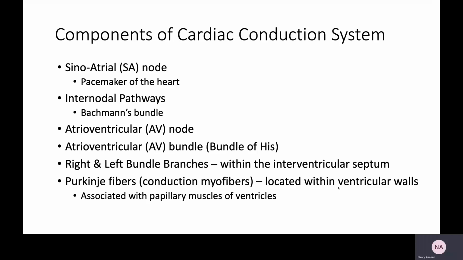You need to know the components of the cardiac conduction system in order. The pacemaker of the heart is the SA or sinoatrial node. There will be internodal pathways which will bring that signal along the atria, including Bachmann's bundle. That information will travel to the AV node, the atrioventricular node, and then along the atrioventricular bundle, also known as the bundle of His.